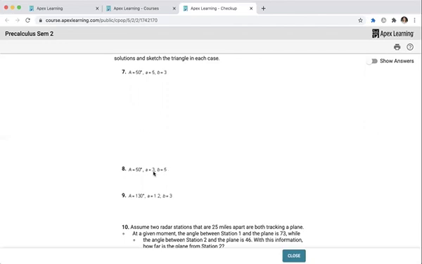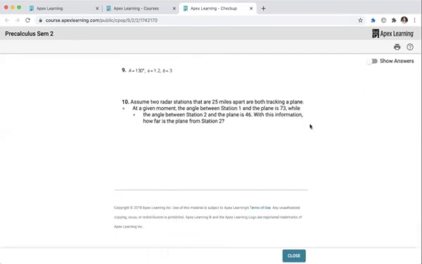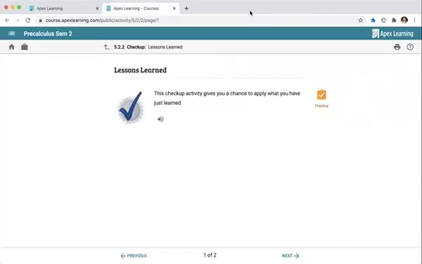Knowing A and B, it's going to tell you, are you going to have two solutions? Are you not going to have a solution? Or are you definitively going to have one solution? That's all dependent on the relationship between A and B here. Okay, and then problem 10 deals with triangulation, right? So figuring out the coordinates based on two observers.